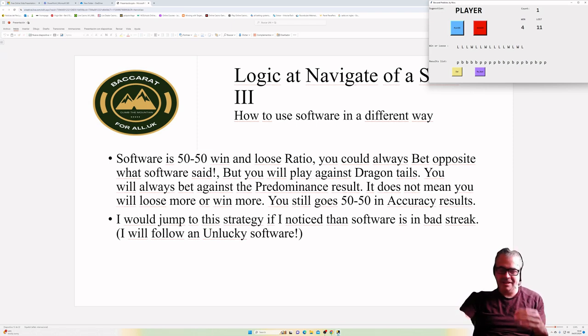It doesn't matter if you won or you lost, or you lost at the beginning and won very few. At the end, they will catch up. Might not catch up in the same shoe, but maybe get closer. There is obviously exception, but in over 70% of the shoes, they will be very close.